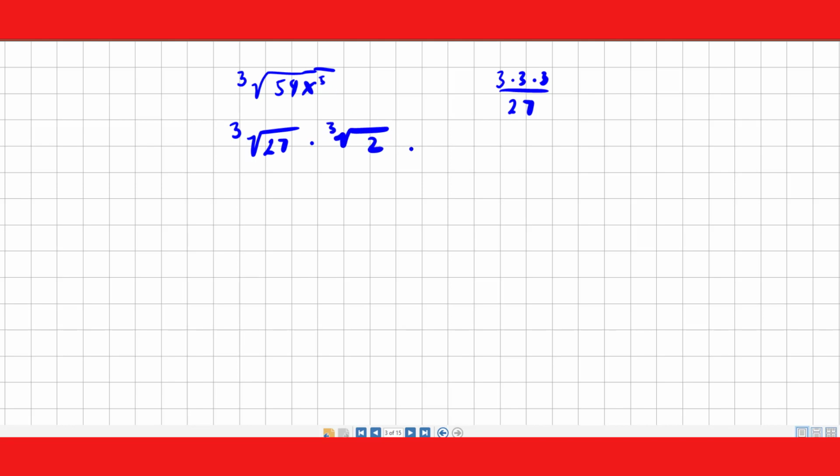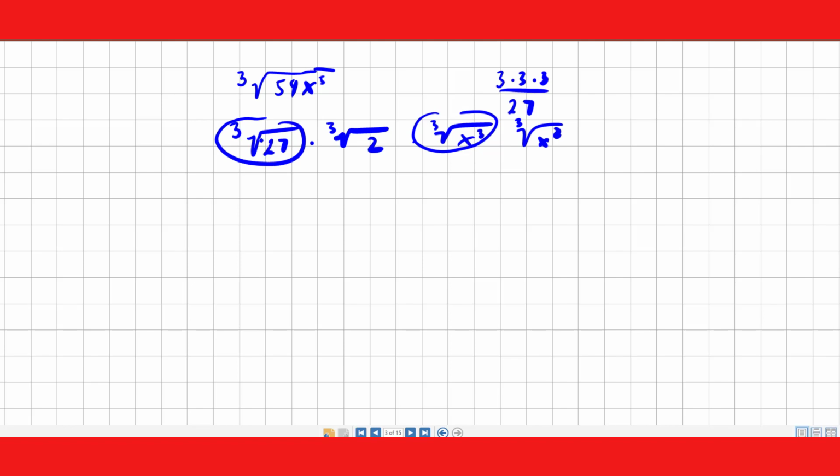And now let's take that x to the 5th as the cubed root of x to the 3rd times the cubed root of x squared, because that gets us x to the 3rd. So here's a perfect cube, and here is a perfect cube.